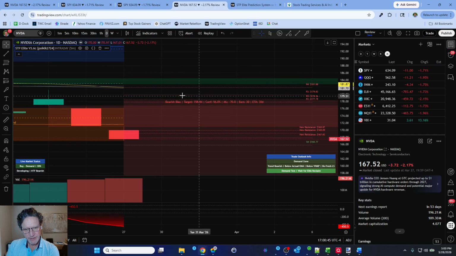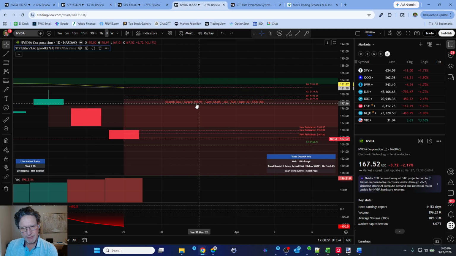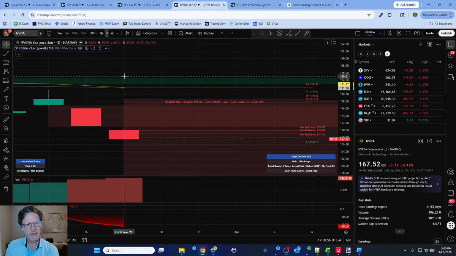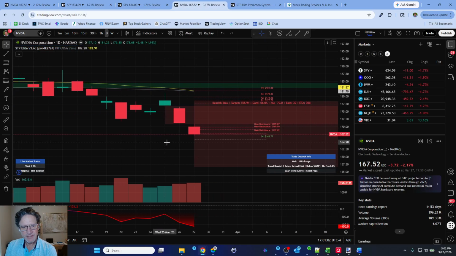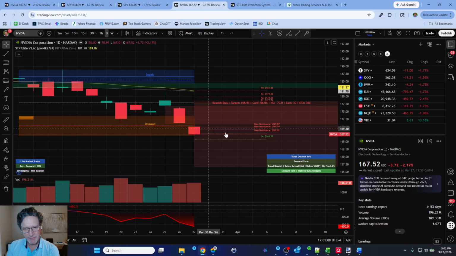So here, this is still saying after hours on a daily chart, I still think it's going down to 158.94, which is different than the 5 minute chart showed you because we're on a smaller data set. But here, there's a fair value gap up here. There's a fair value gap here.